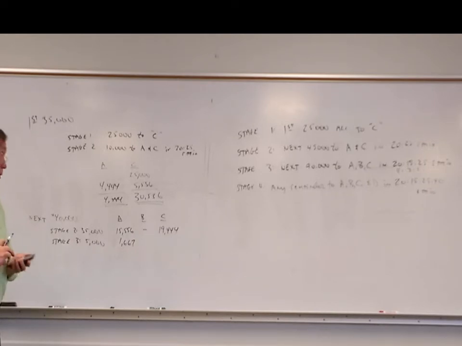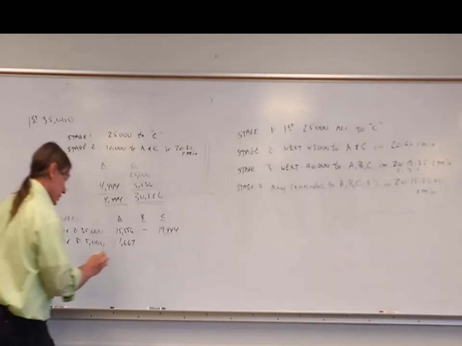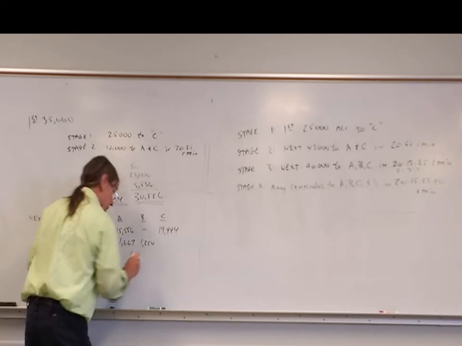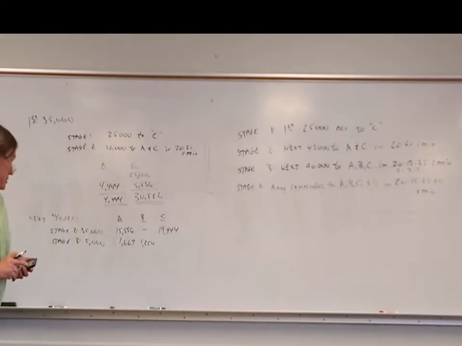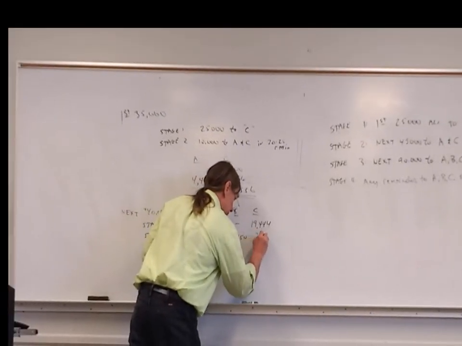B is going to get 3/12 of that $5,000. And finally, C is going to get 5/12 of that $5,000.